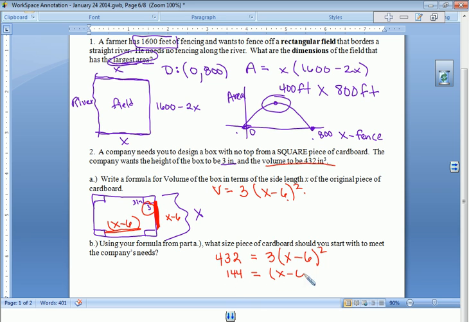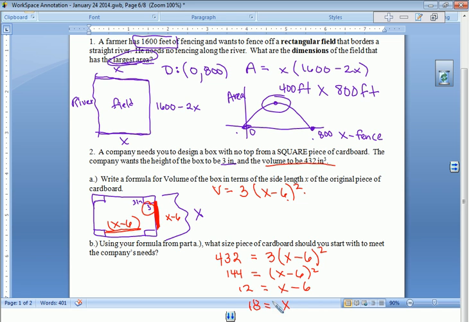That's amazing. Isn't that? Now, we know that the answer when I take the square root is plus or minus, but I'm dealing with length and width and height. And so what can I just eliminate? The negative, and we'll just go with a positive 12. And then I would move the 6 over, so 18 equals x.